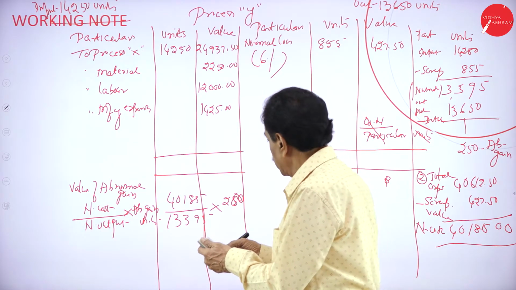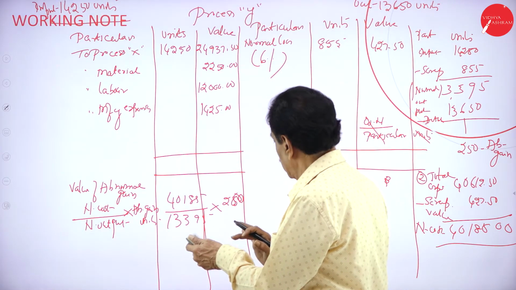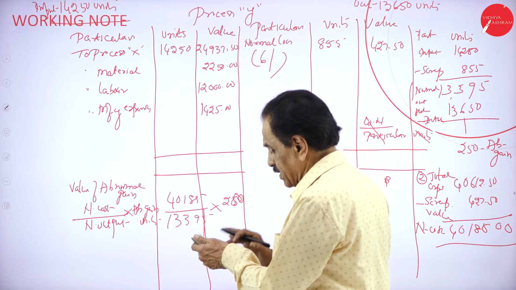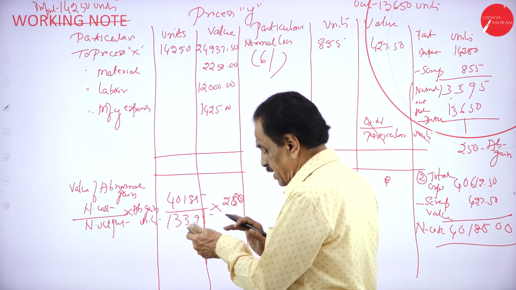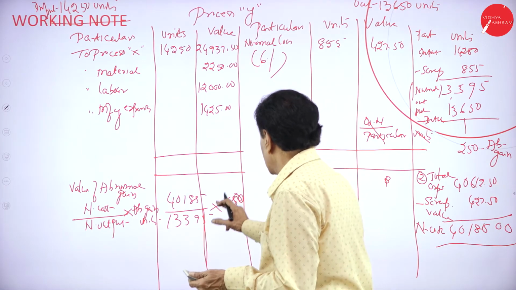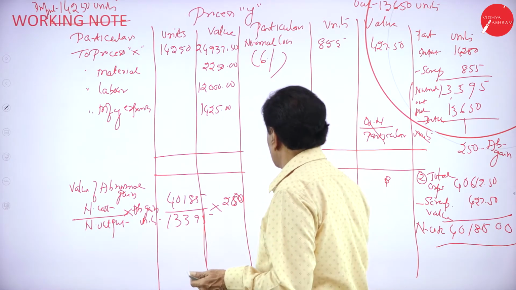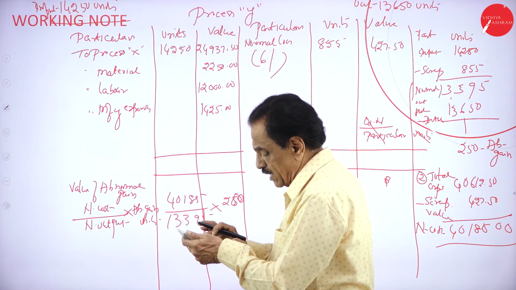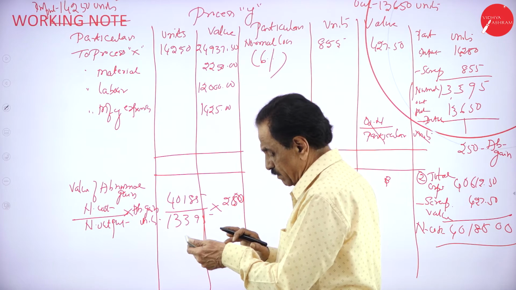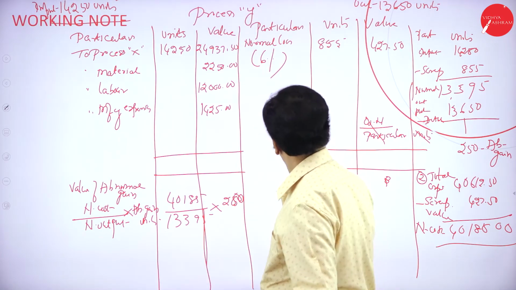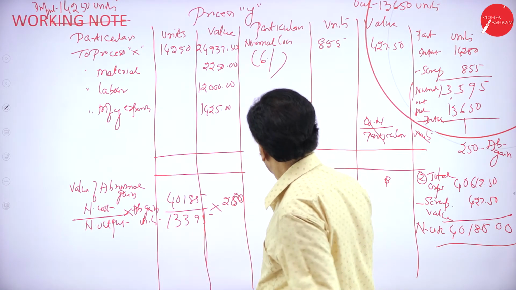Simplify this. Normal cost divided by normal output, 13,395, into 250. 750 rupees. It will work out to 750 rupees.